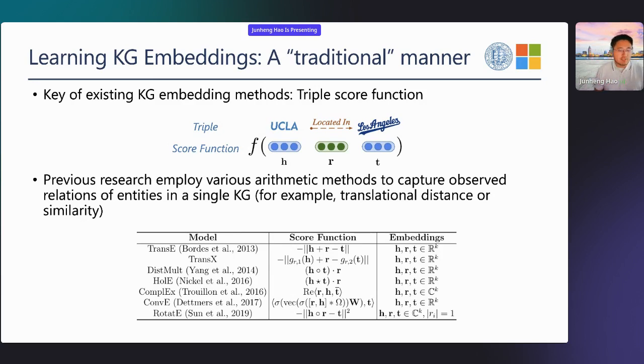But generally, there is a score function, either translational, bilinear, or another neural network, that represents the plausibility of a certain triple by taking the embeddings of the head, relation, and tail entity as input.